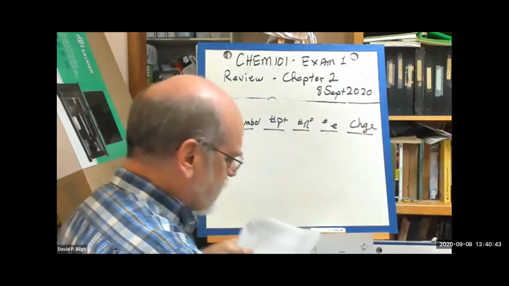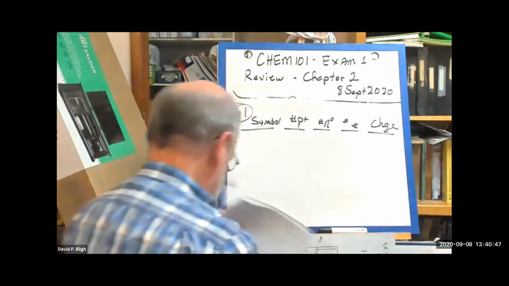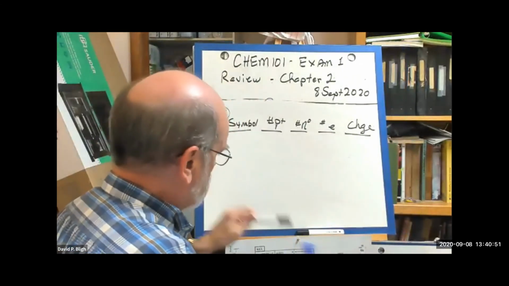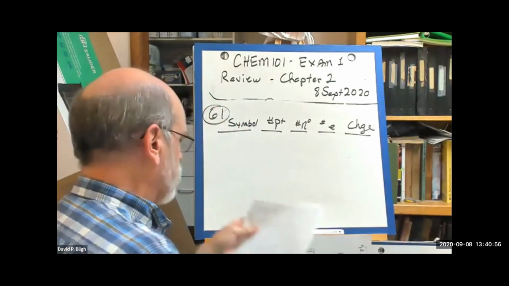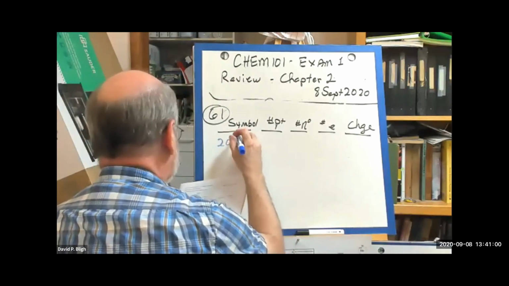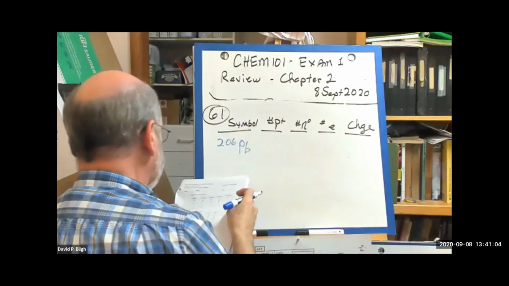All right, what are we given? I need a different color. Let's see. I think I got a blue. So this is the information that we're given. I'm going to put that in blue. So this is 206 lead. That's it. We're not given anything else.